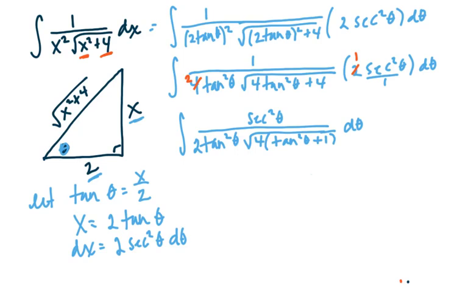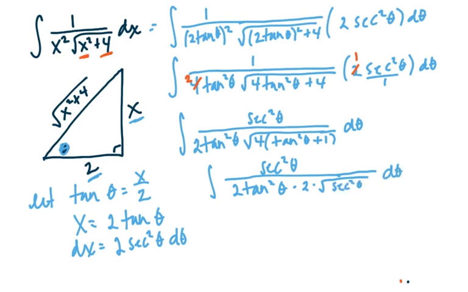I almost forgot that. So now we have the integration of, the top is still secant squared theta. The bottom is 2 tangent squared theta. And then the square root of 4 is 2. And then we still have the square root of, instead of calling it tangent squared plus 1, we know that value is secant squared theta.